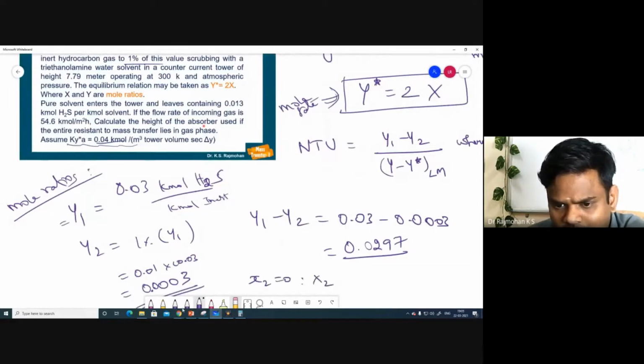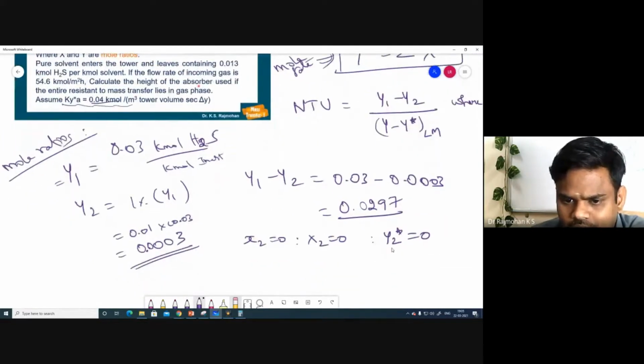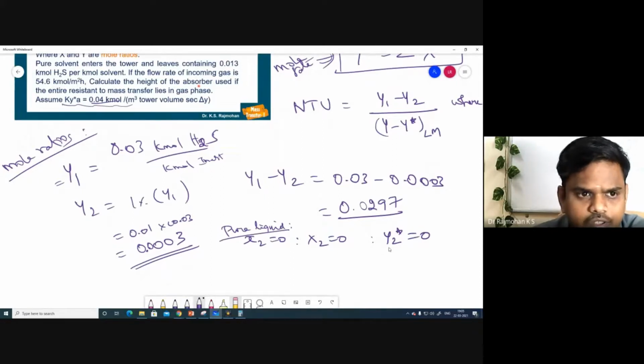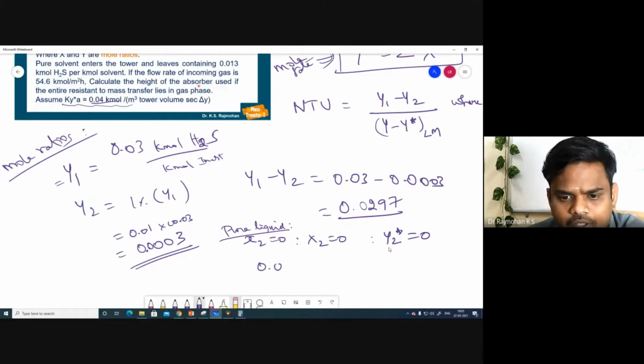Therefore capital X2 equals 0, and therefore capital Y2 star is also equal to 0. That is the same for all pure solvent entering. Pure liquid is entering, and it is given that it leaves containing 0.013 kilomoles of H2S per kilomole of solvent.